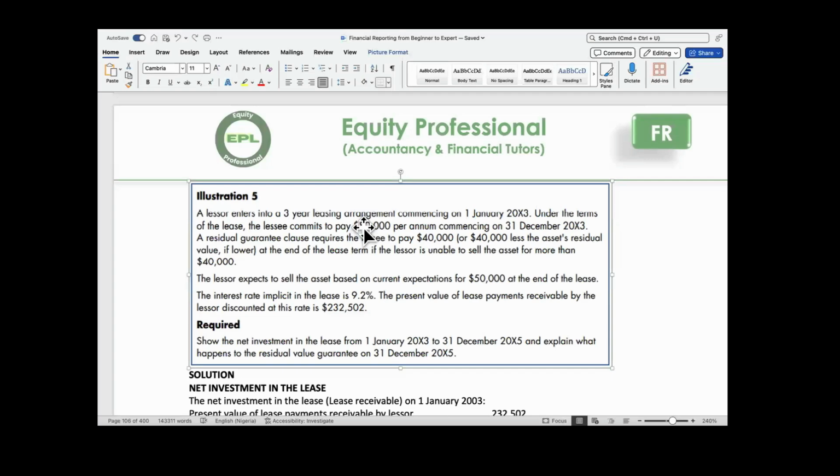The lessor will get 80,000 per annum at the end of every year. And we're told that the residual guarantee clause requires the lessee to pay 40K at the end of the lease term. So usually, I have explained this before anyways, that the lessee can guarantee the lessor a residual value. In this case now, he has guaranteed him 40,000.